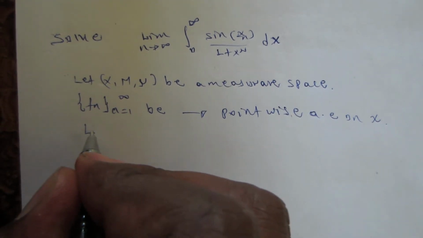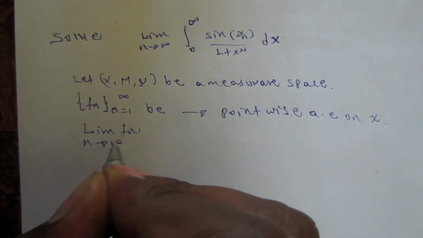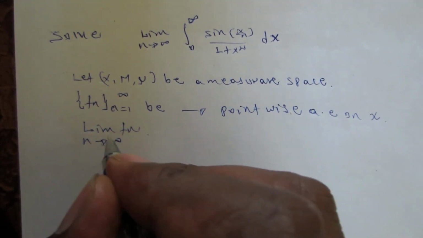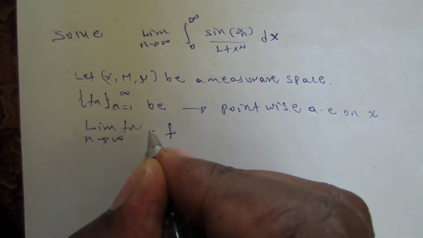we have the limit of f_n as n tends to infinity equal to f.